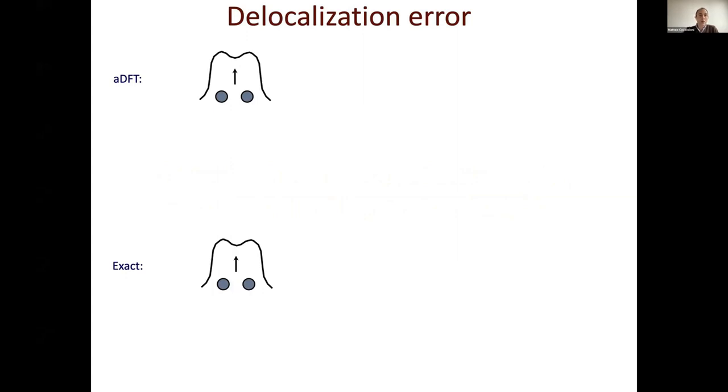So suppose that you are trying to dissociate the H2 plus molecule, which is represented by these cartoons again. Now, what you get in the exact world, let's say in the real world, is that at a certain point, the electron localizes either on one atom or the other one, okay?